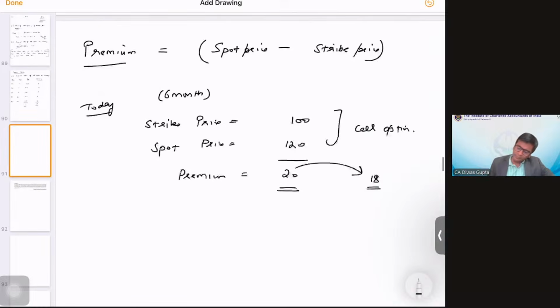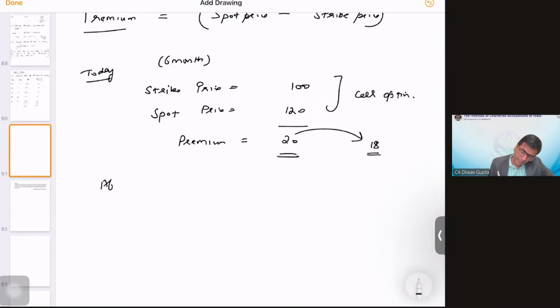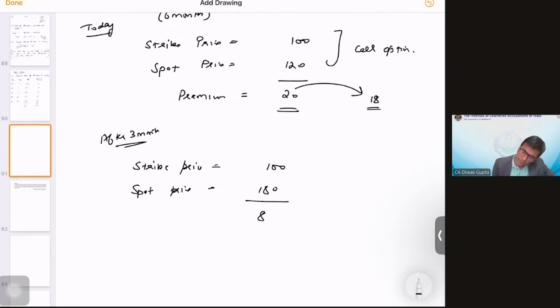Okay, now let's say after 3 months, so the overall period was 6 months for this, but let's assume after 3 months the strike price is actually 100, spot price is 180, 80 becomes the premium, which then comes to 77 as the premium, right?